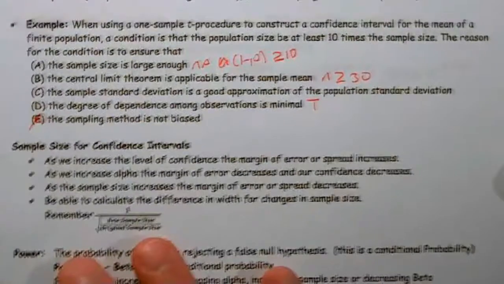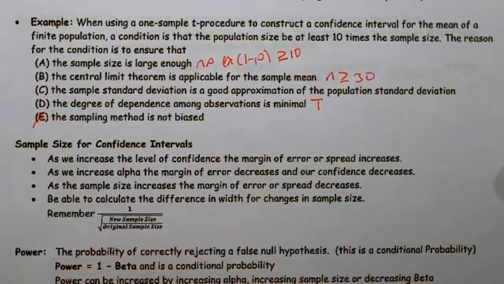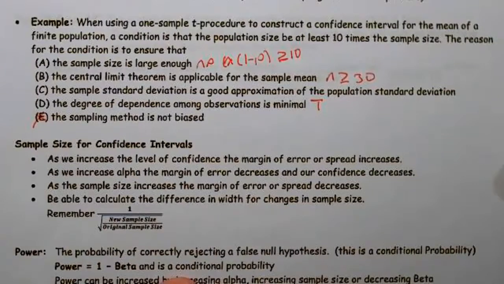Speaking of sample size, when we talk about confidence intervals, as we increase the level of confidence, the interval gets wider. So if we go from 90 to 99, I'm going to have a wider interval if I keep everything else the same. If we increase alpha, the margin of error decreases. And here's why.